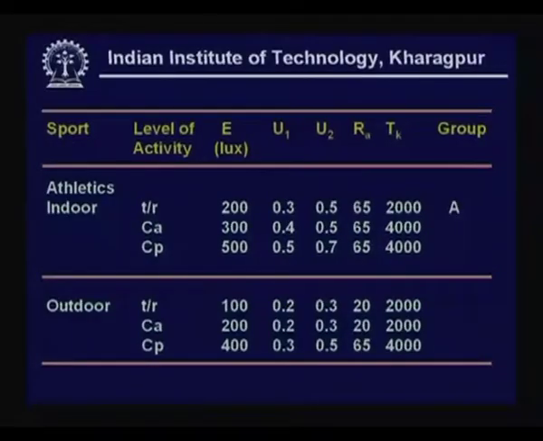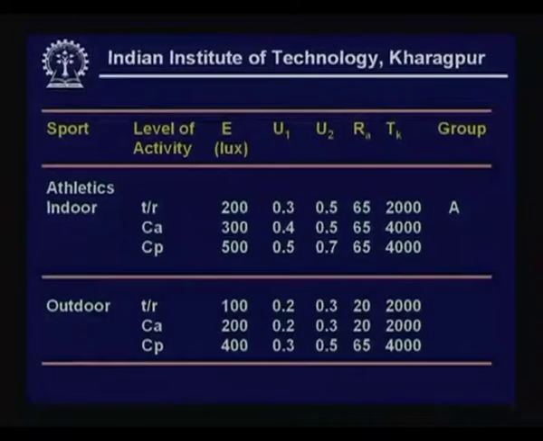Then the lux levels are mentioned. For indoor athletics, we find it varies from 200 lux for a recreational game to about 500 for international competition. The uniformity indices U1 and U2 are specified, which vary from 0.3 to 0.5, and the color temperature varies from 2000 to 4000 K, and Ra is around 65.